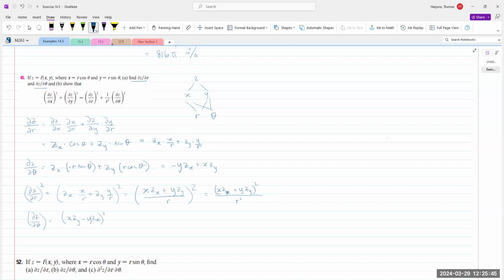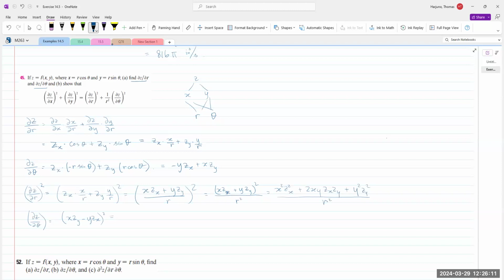Now then this will give us x squared c sub x squared plus 2xy c sub x c sub y plus y squared c sub y squared over r squared.